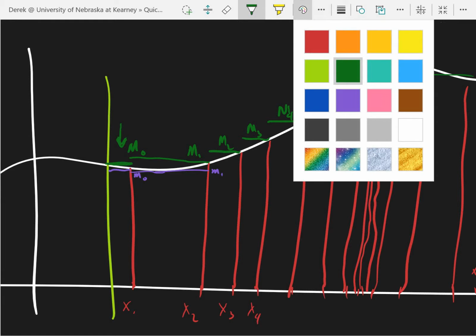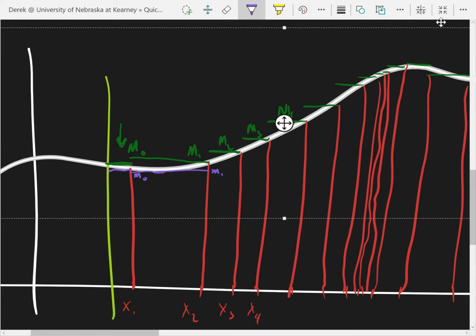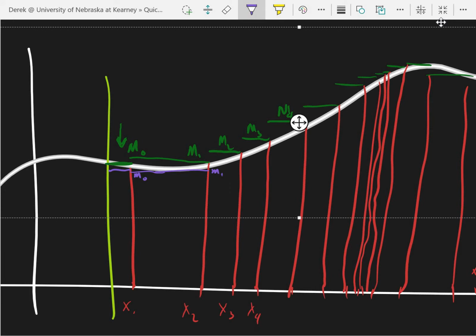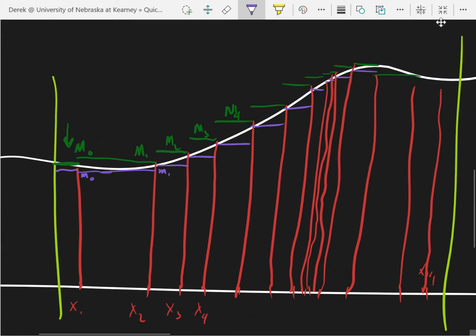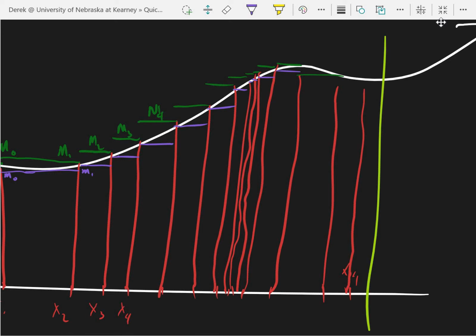And I've got lower ones too. I've got the lower ones here, and here, where's the lower? Lower's right there.